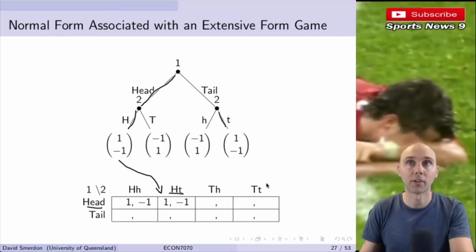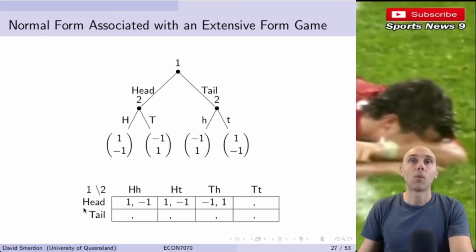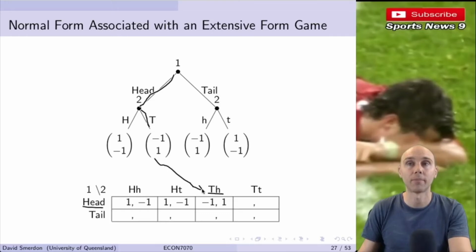Let's look at the third column, the third cell, in the row. If player 1 plays heads and player 2 has TH, this says if heads, play tails, and that actually happens, so we end up in this payoff here. And if tails was played, play heads, but this doesn't actually happen.